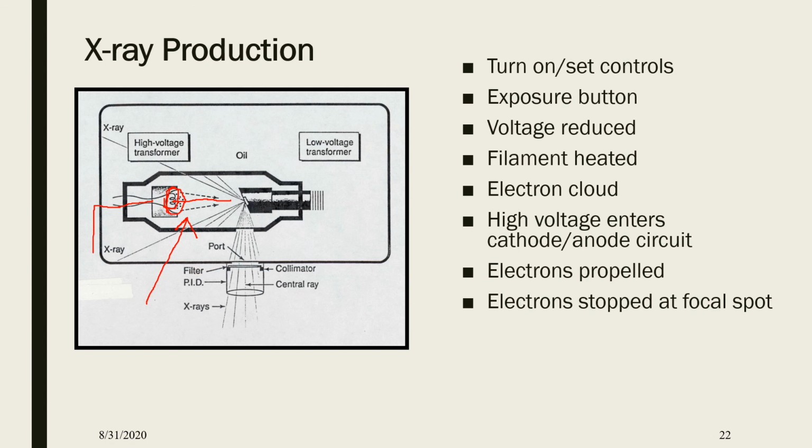Then they will travel from the cathode to the anode, and the electrons will be stopped by the target at the focal spot. The energy at the focal spot is converted into 99% heat and 1% X-ray. Again, 99% heat, 1% X-ray, and then the X-ray will now exit the port.